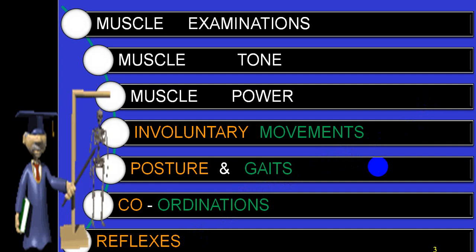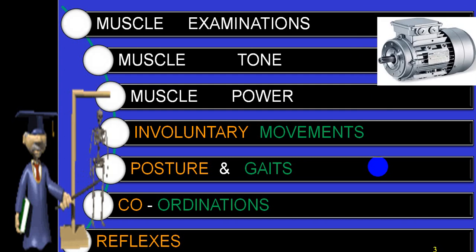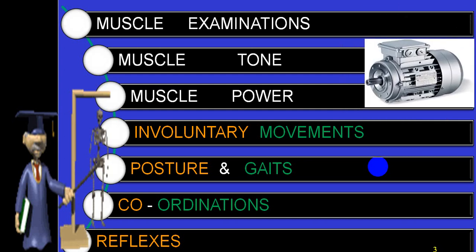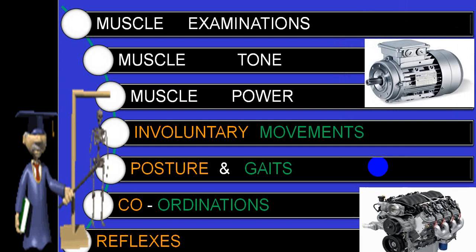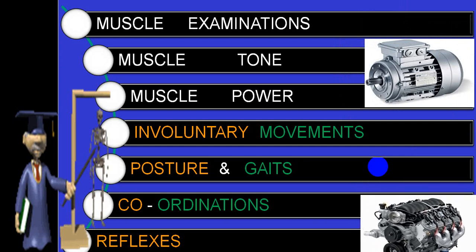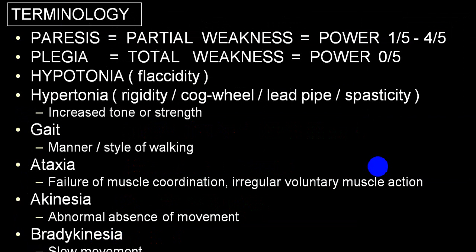Today we'll be discussing mainly muscle examination, muscle tone, and muscle power. At the end, a little idea regarding involuntary movement and posture, but mainly we'll be discussing them separately. So motor examination does not mean the examination of this motor. This is also a motor, but examining this is not a motor system examination.